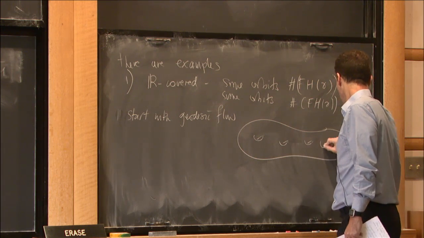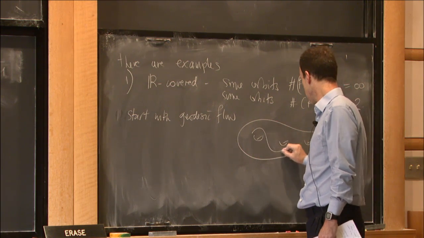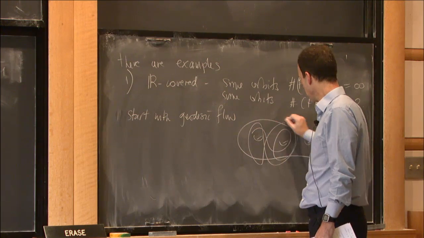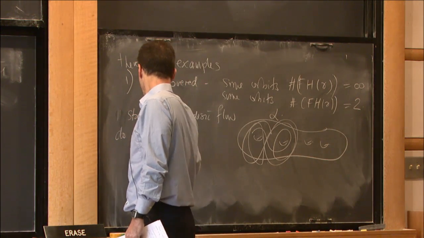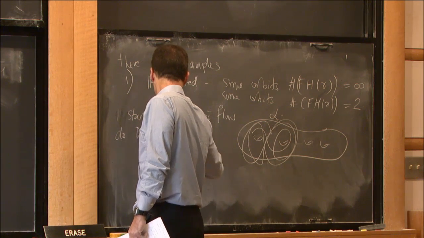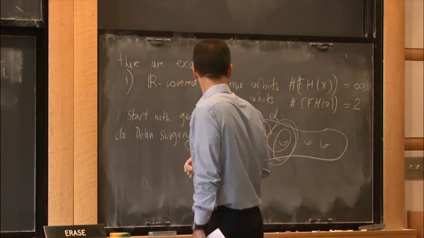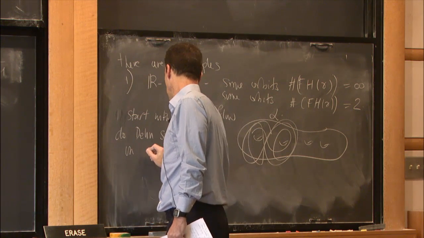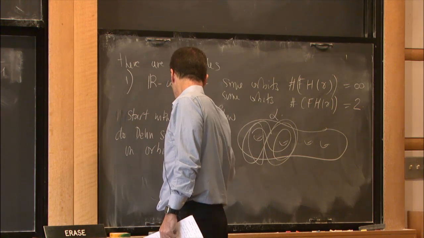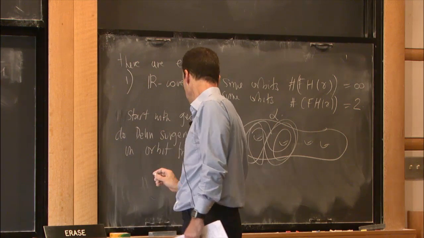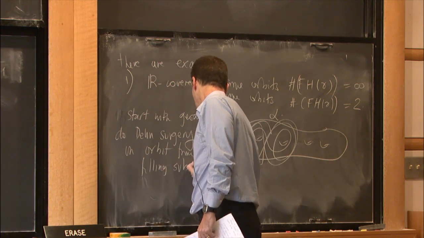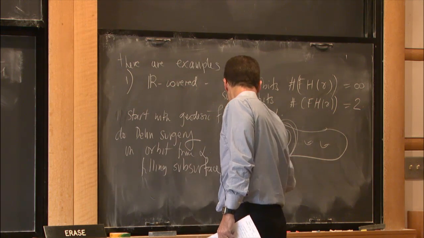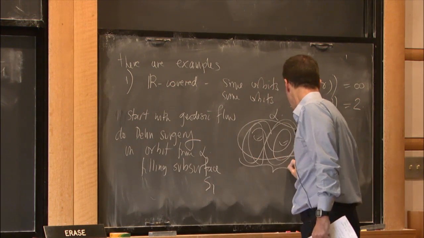I want to get a big thing here, and I'm going to do surgery on an orbit which is associated with the geodesic alpha. On an orbit from alpha, a geodesic, filling a subsurface S1, which is not everything.